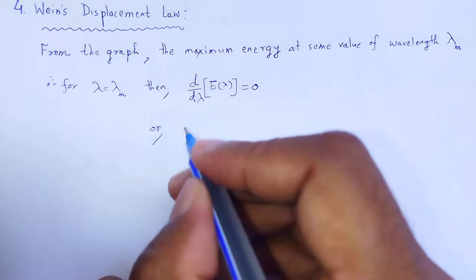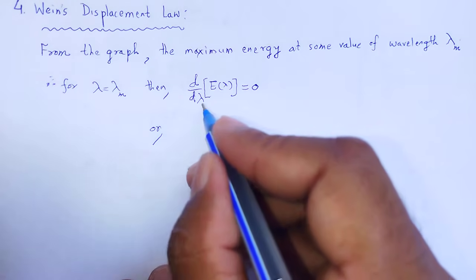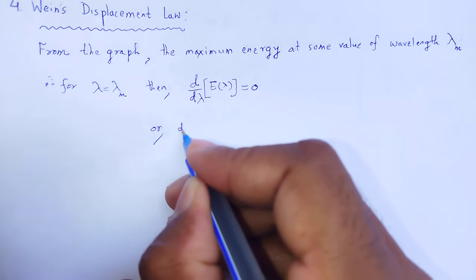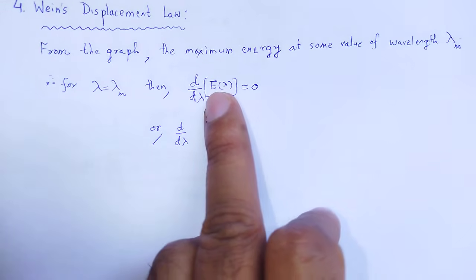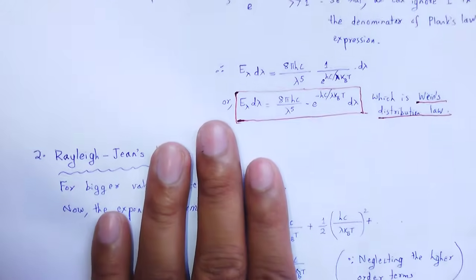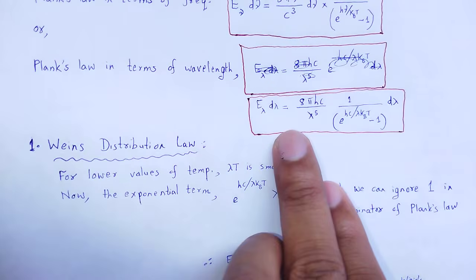Or d by d lambda of E lambda from Planck's law.